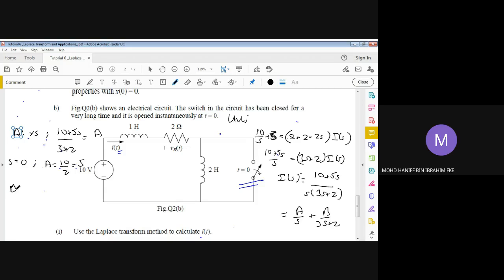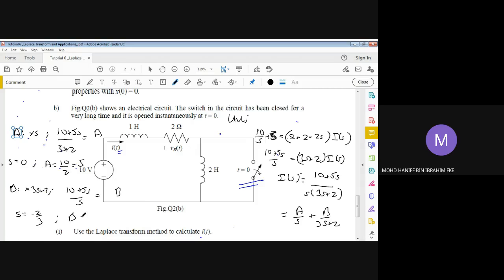Whereas for the B, we need to multiply both sides with 3S + 2. So we're going to get (10 + 5S) divided by S, and we just write it as B only, for the A there's nothing much difference there. So substitute S equals negative 2 over 3.